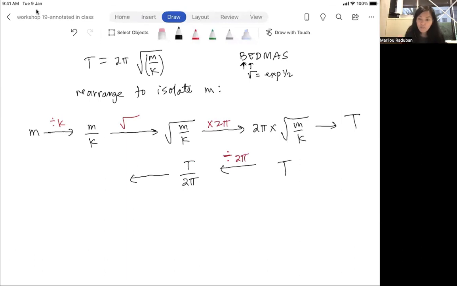The opposite of a square root is exponent 2, or square. That means you take the whole thing, T divided by 2 pi, and raise the whole thing to the power of 2. You square the whole T divided by 2 pi.